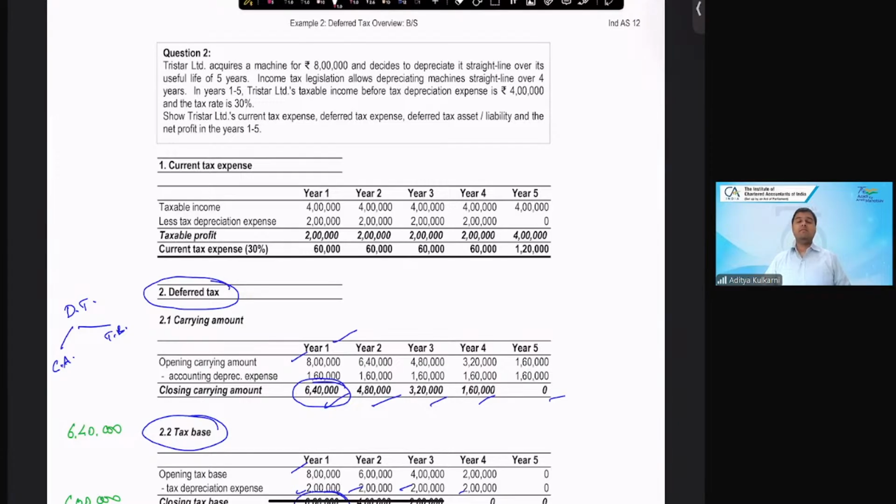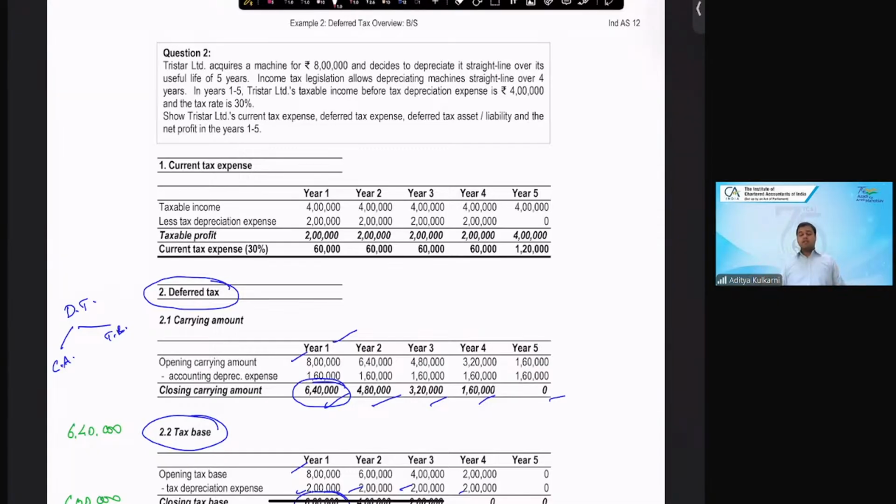The balance sheet approach essentially compares the carrying amount as per the tax laws with the carrying amount as per the books, and on comparison of both of them, you will recognize whether a DTA or a DTL has to be created or not. Is it okay? Okay, sir.